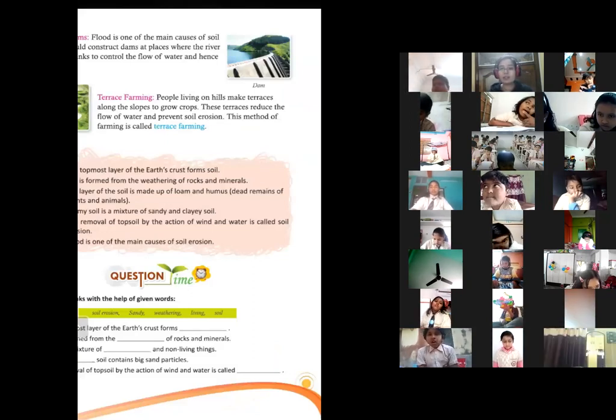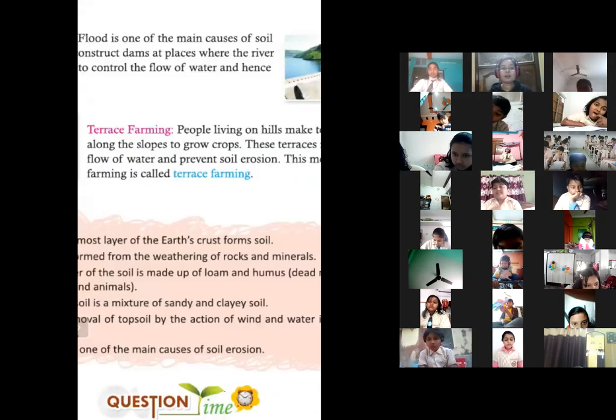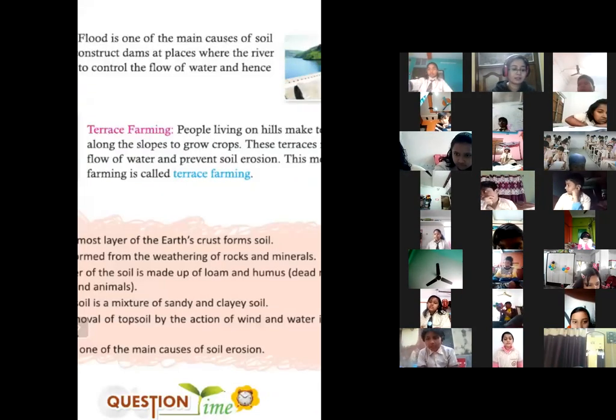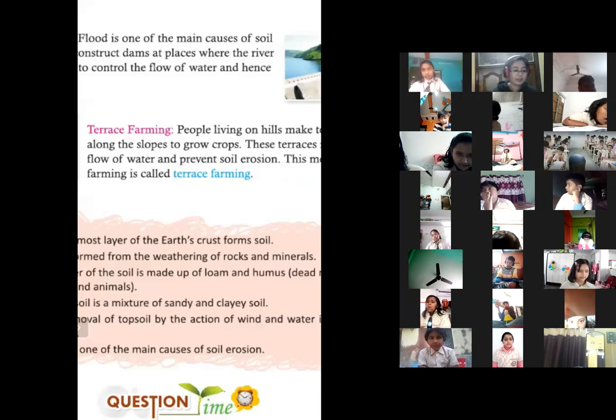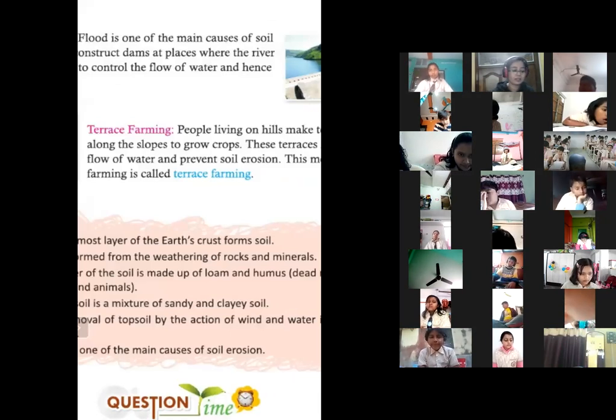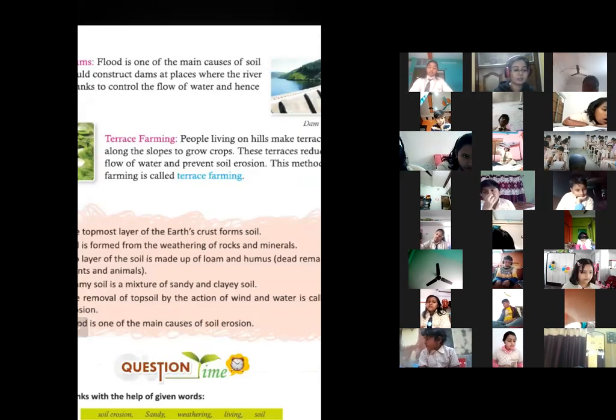People living in hills, you have learned it in your SST also, right? Terrace farming, people living on hills, they make terraces along the slopes of the hills. I have told you that as the mountains are like this, there are slopes in the mountains.